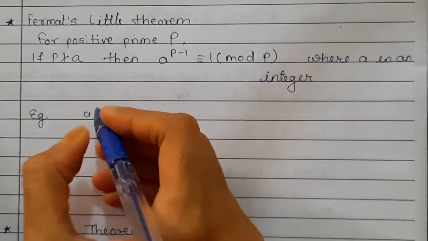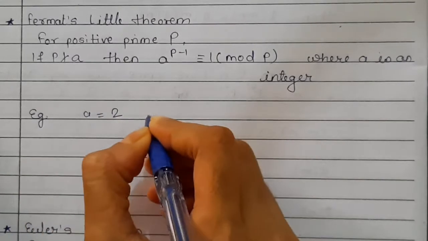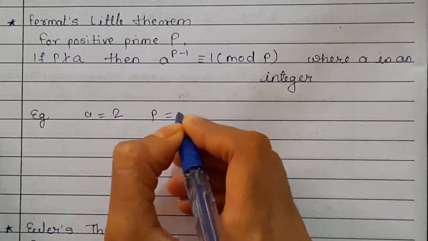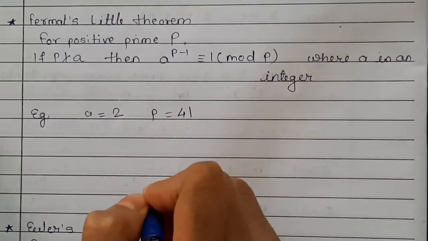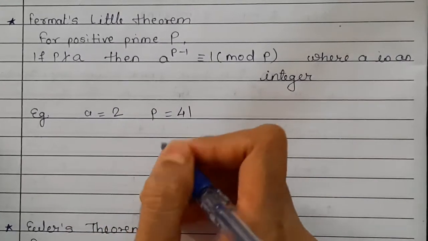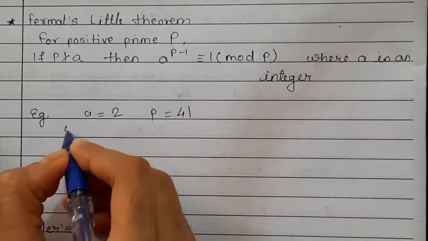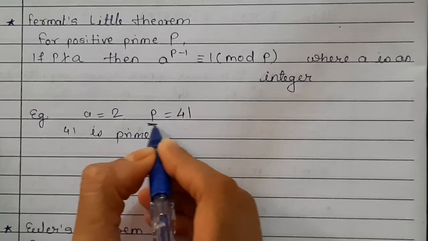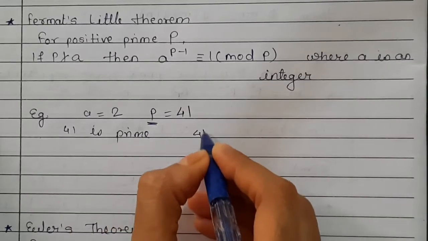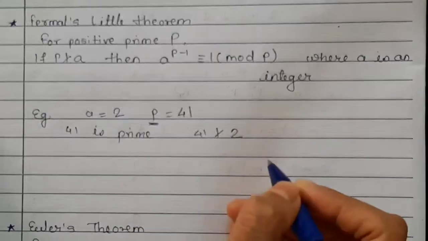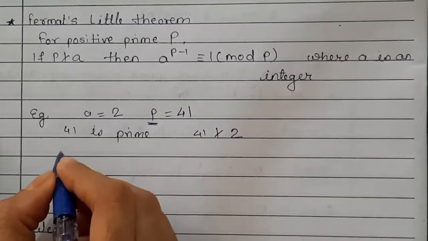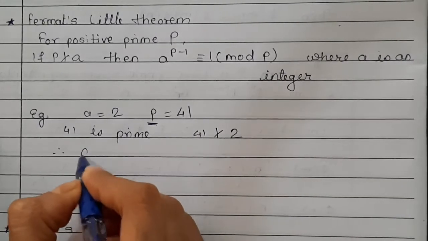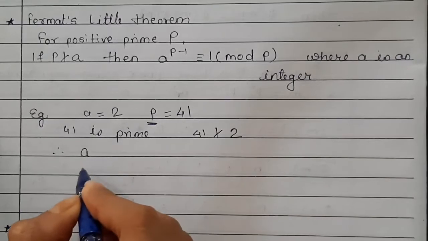Suppose a is equal to 2 and p is equal to 41. Here 41 is prime, that is p, and 41 does not divide 2. Then a is 2.